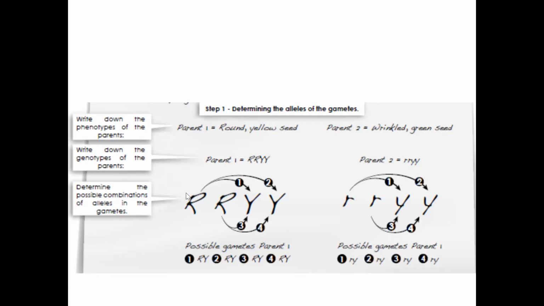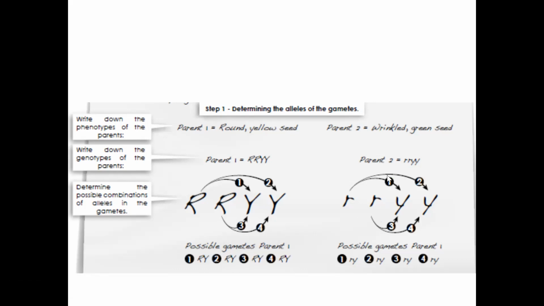First of all, we look at these two: R and R, that's the first. Outer is that one and that one. Inner is going to be the R and the Y. And last is that last one and that last one, which is that combination there.